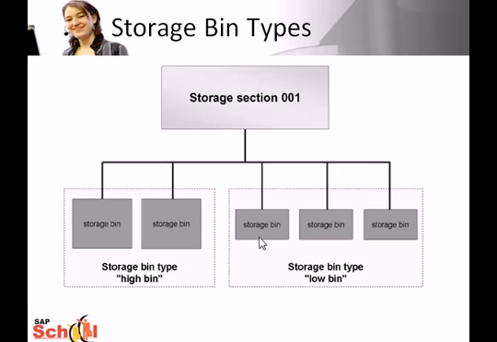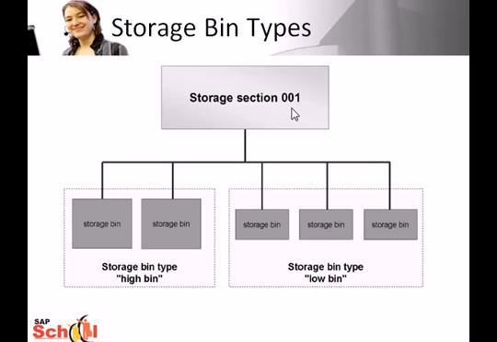Storage bins are always created within storage sections. Storage sections divide up the area of a storage type according to various features such as the inventory turnover of the stocks or the warehouse temperature, for example. Within the entire warehouse complex defined by the warehouse number in SAP, the storage type itself represents a storage space that should be separated in the SAP system at organization level, and usually also at a spatial level.